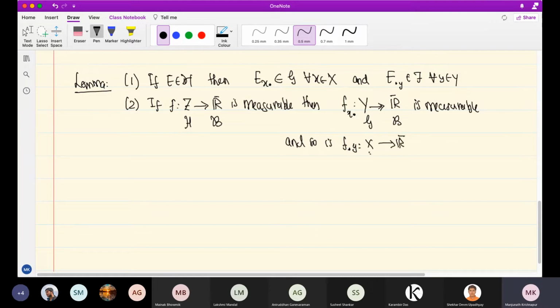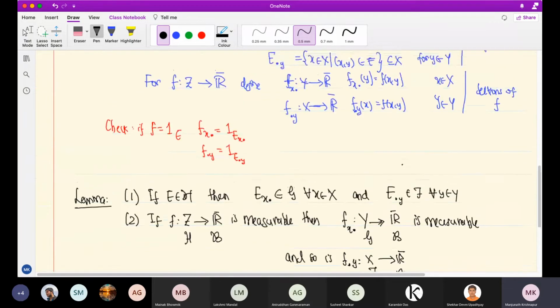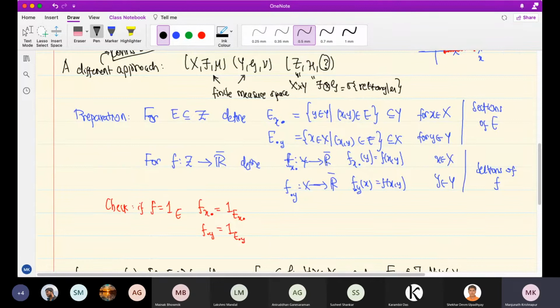Of course, the sigma algebra now is F and the Borel sigma algebra. So sections of measurable sets are measurable. Sections of measurable functions on the product space are measurable.